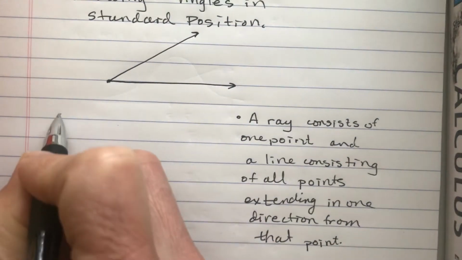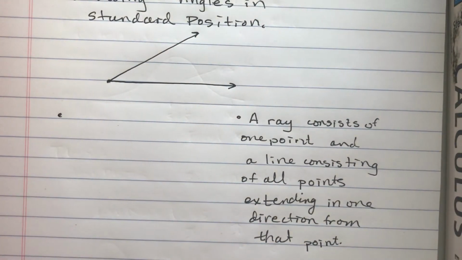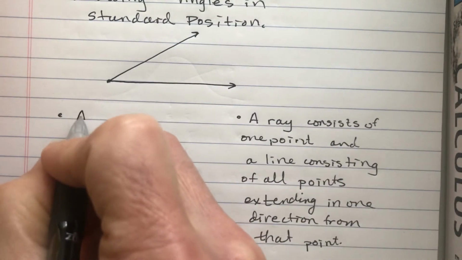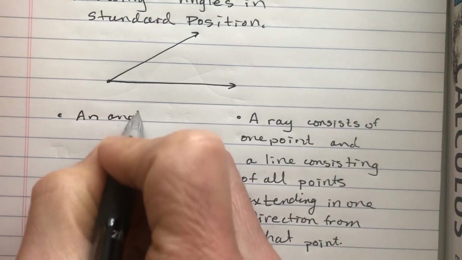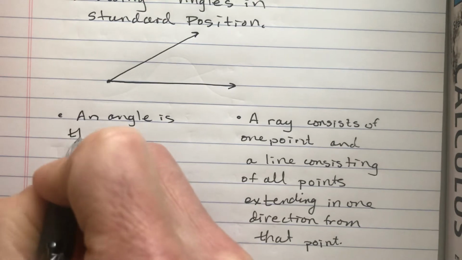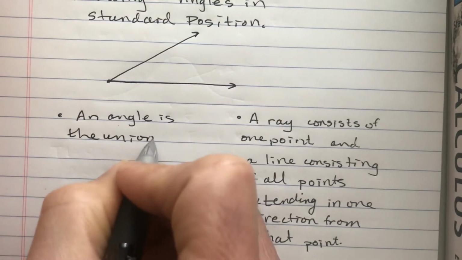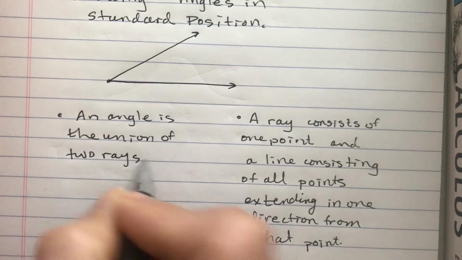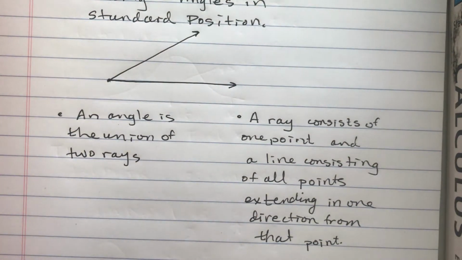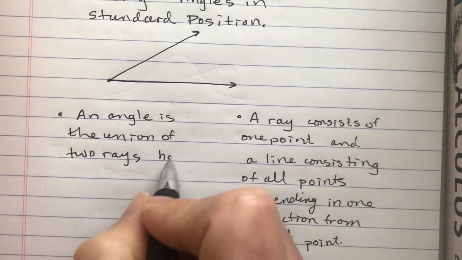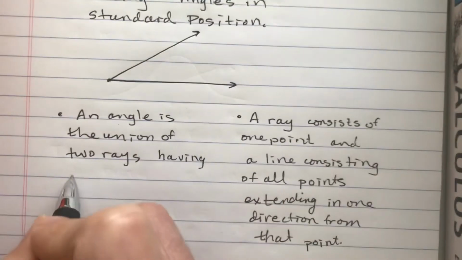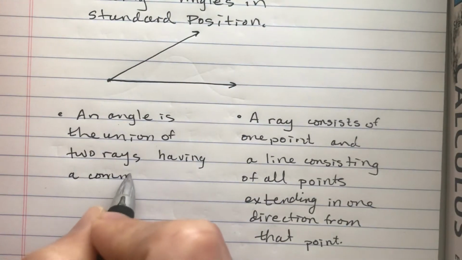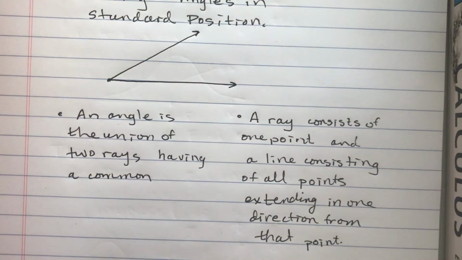And so then if you look at an angle, it is the union of two rays having a common point.